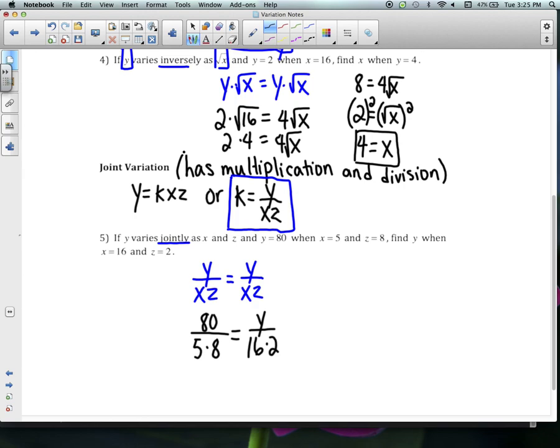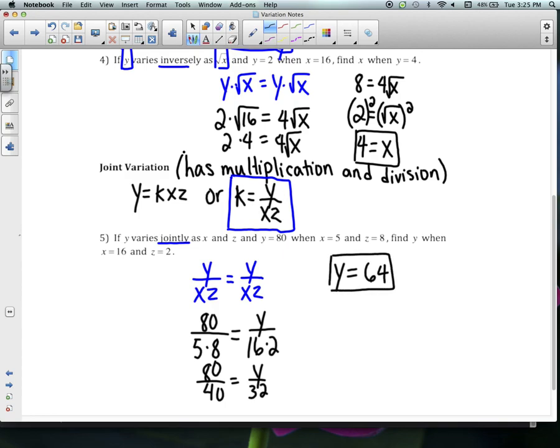Do your cross multiplying. You can do simplifying how you want. So you could cross multiply at this point. You could simplify the 80 over 40 and then cross multiply. However you want to solve this, your final answer should come out to y is 64.